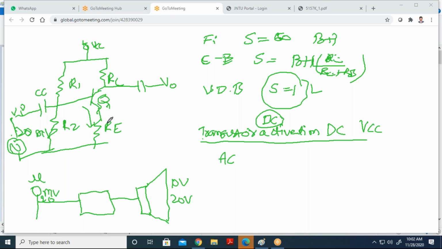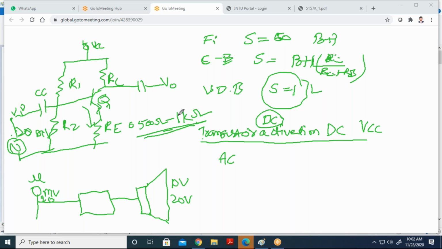So whenever AC signal flows through the emitter, here emitter is connected to a resistor, and this resistor is very, very important because of stability. Transistor stabilization is done by RE. This value is in between 500 ohms to 1 kilo ohm. This is the fix. If less than 500 or more than 1K, operating point will be changed.